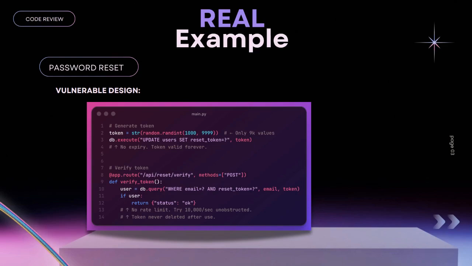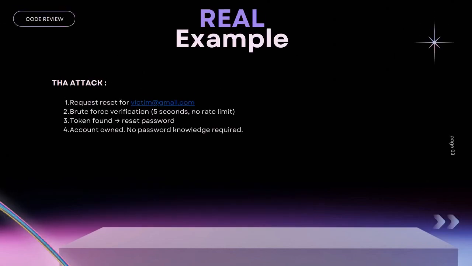So what the attacker can do is request a password reset for the victim's email, and use a simple brute force script to try tokens 1000, 1001, 1002, up to 9099. Because there is no rate limiting, this takes like 5 seconds.